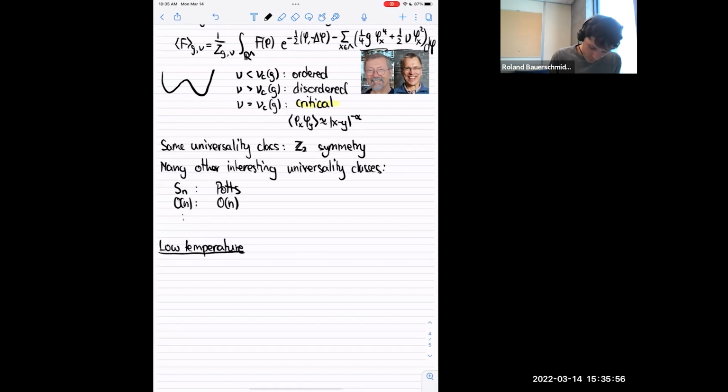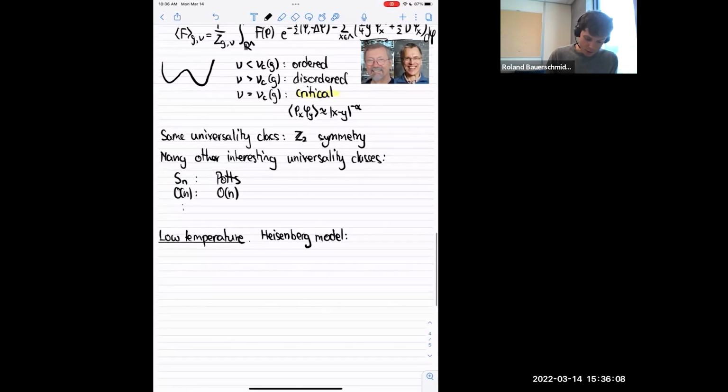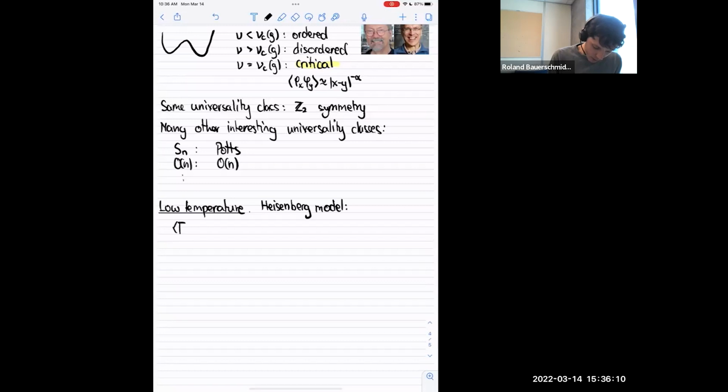So, for low temperature, the prototypical example one might have in mind is the classical Heisenberg model. It's defined exactly like the Ising model, except that the spins don't take values plus minus 1, but they take values in a sphere.